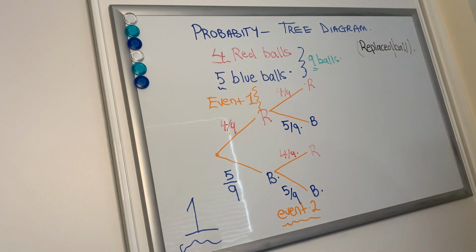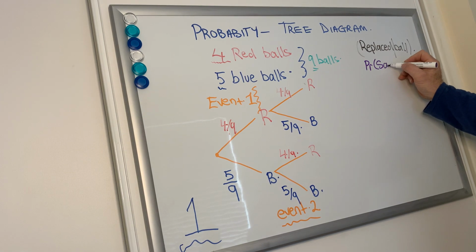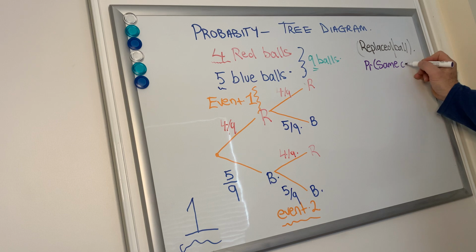So what I like to do is, let's say for example we wanted to work out the probability of choosing the same colour balls.